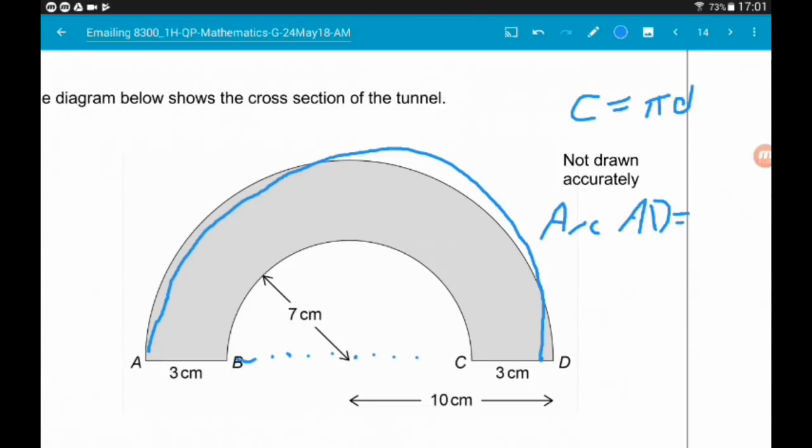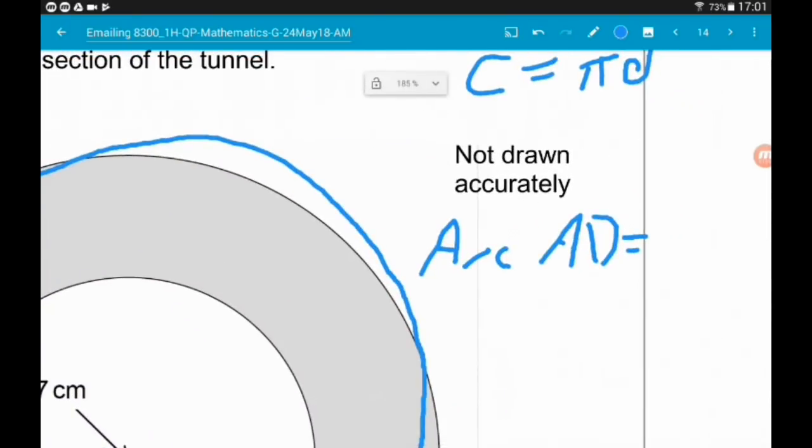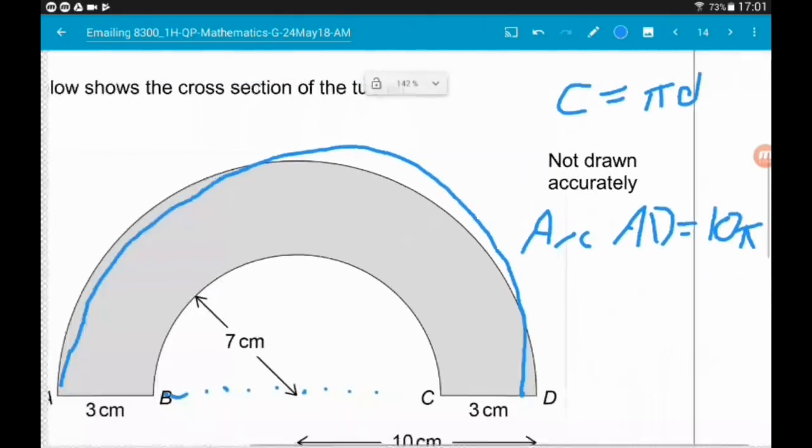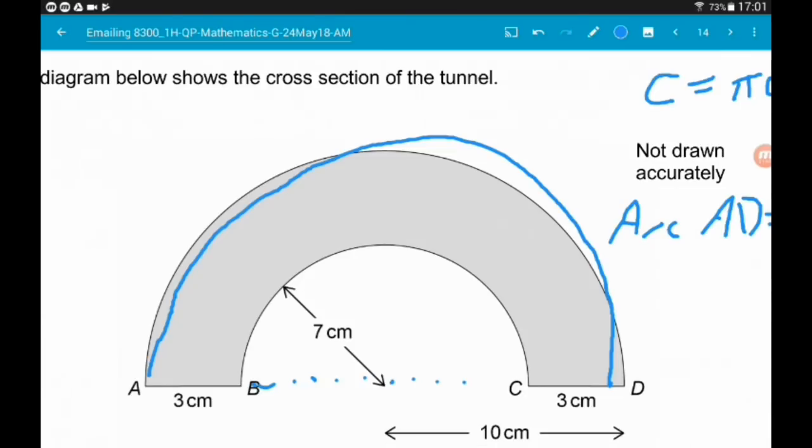So it's going to be 1/2 of 20 pi, which is 10 pi. So what we found there is this blue length going around the outside of the tunnel.